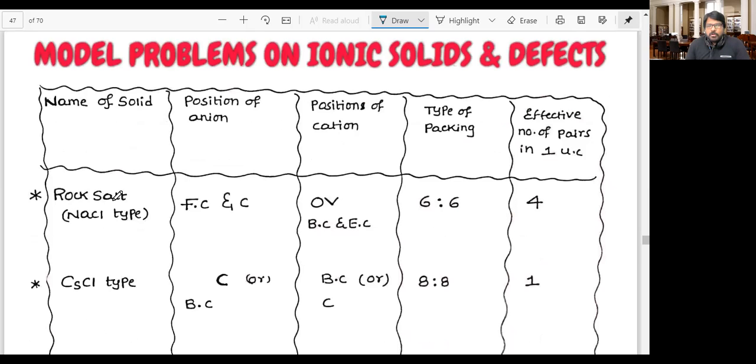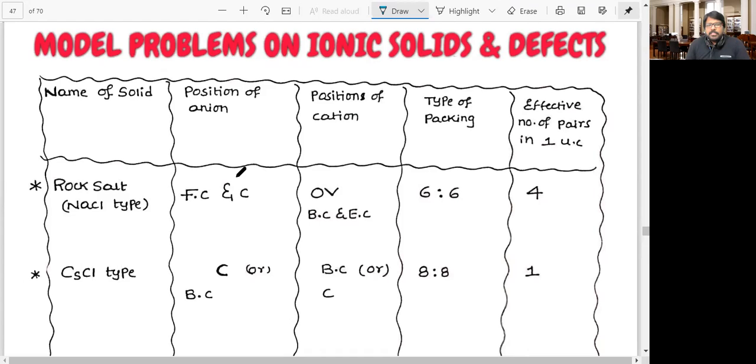If you take rock salt type of structure, anion is present at face center and corner. That means anion forms FCC lattice, and cations occupy all octahedral voids, and the coordination numbers are 6 and 6, hence the type of packing is 6:6, and each unit cell has 4 ionic pairs.